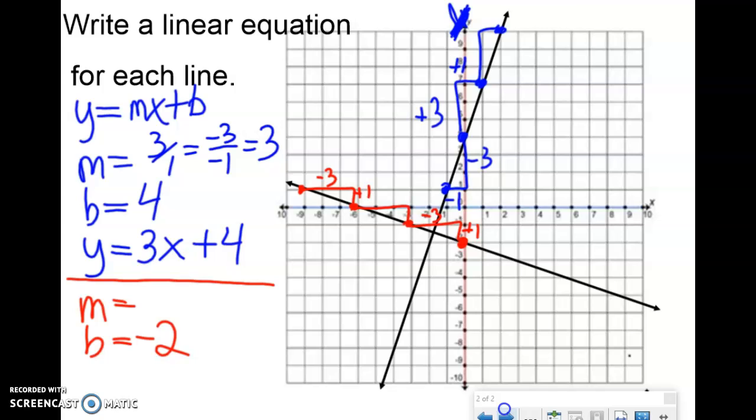I could have gone down and right, because this would have been the negative movement downwards with the positive movement to the right. So this slope, whether you wanted to write it as negative 1 over 3, it's going to be equal to 1 over negative 3.